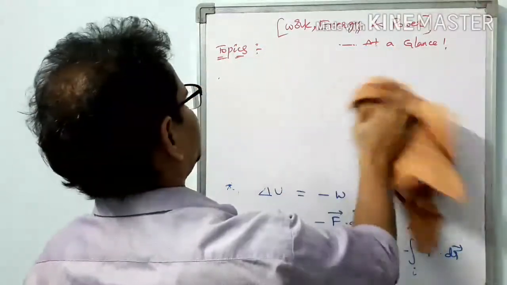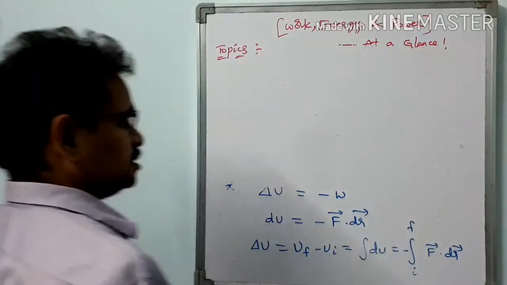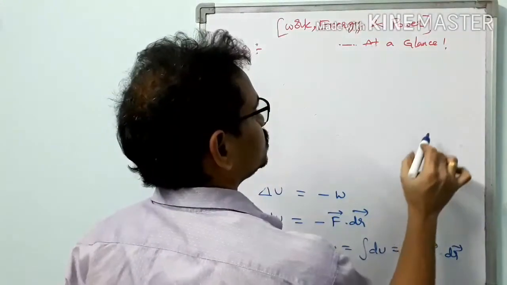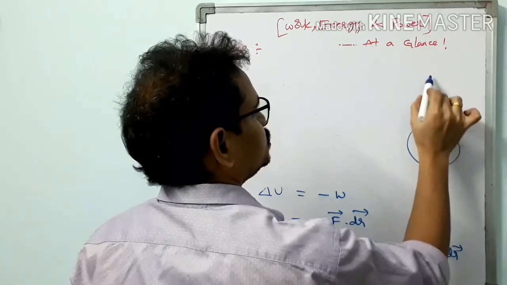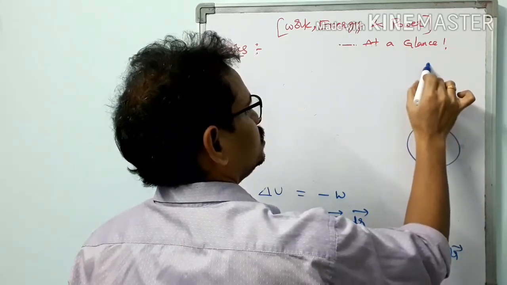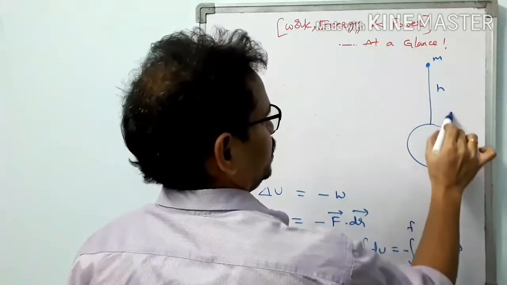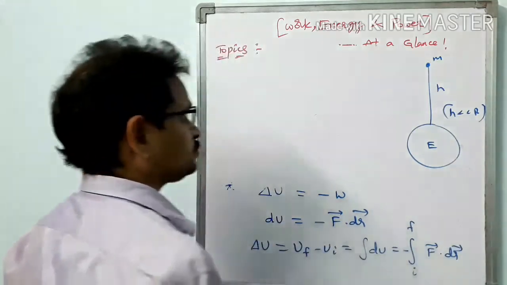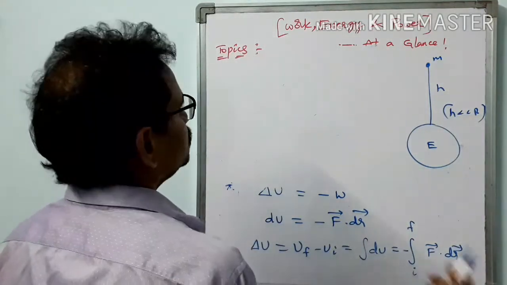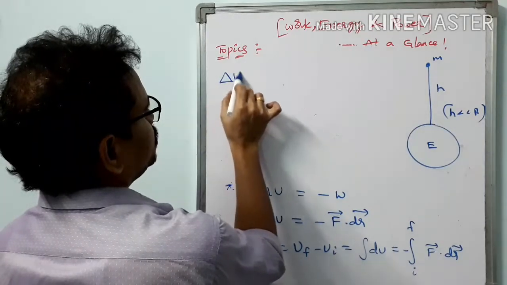So now, for example, let us take the work done by gravitational force. Since gravitational force is a conservative force, let this be the earth, and this is a small mass m raised to a height h, where h is very much less than the radius of the earth. What is delta U here?